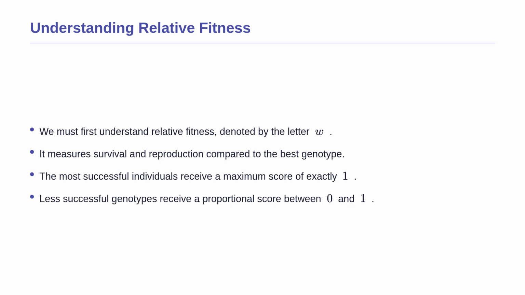To set a baseline, we look at the most successful, or most fit individuals in a population. We assign them a maximum relative fitness score of exactly 1. Any other, less successful genotype will have a relative fitness score somewhere between 0 and 1. This score is the stepping stone we need to find our evolutionary disadvantage.